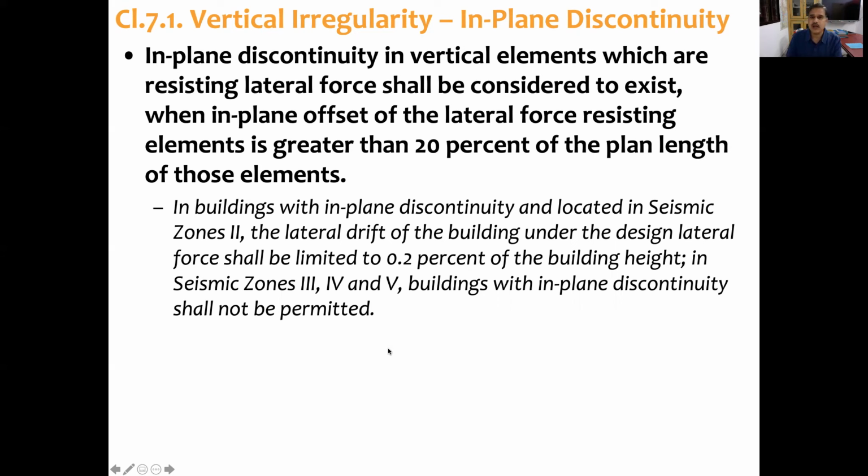So the code is not allowing in-plane discontinuity in moderate to severe seismic zones, that is zone 3, zone 4, and zone 5. But in zone 2, there is some relaxation, that is 0.2%. Lateral drift up to 0.2% is allowed, beyond that it is not allowed. So the design should be such that it is less than 0.2%. And in zones 3, 4, and 5, in-plane discontinuity is not allowed.